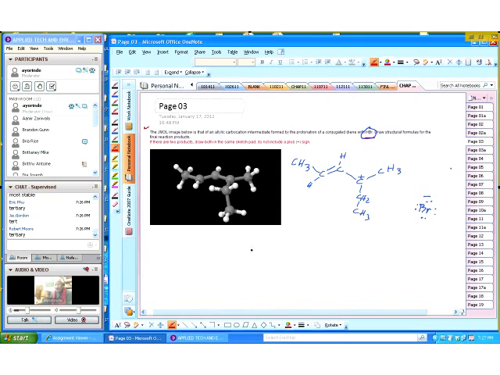What will happen now to get the final product? Anybody has some idea? Okay, the bromide will attach to carbon 4. Excellent. So now the bromide, acting as a nucleophile, will attack this electrophilic carbon, which is a carbocation, and therefore you obtain this product.